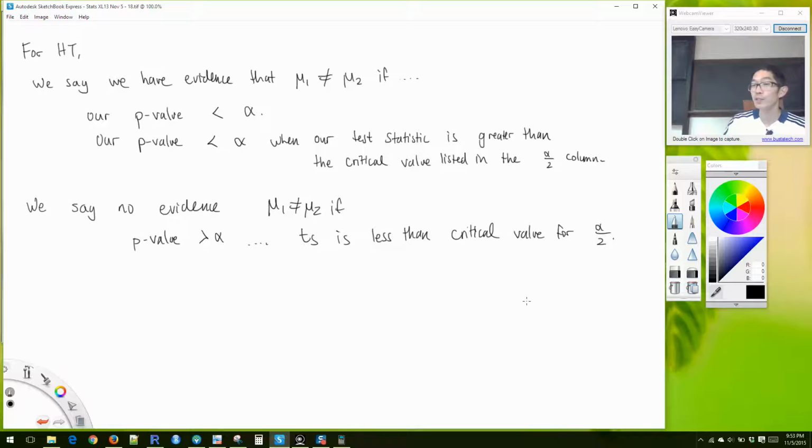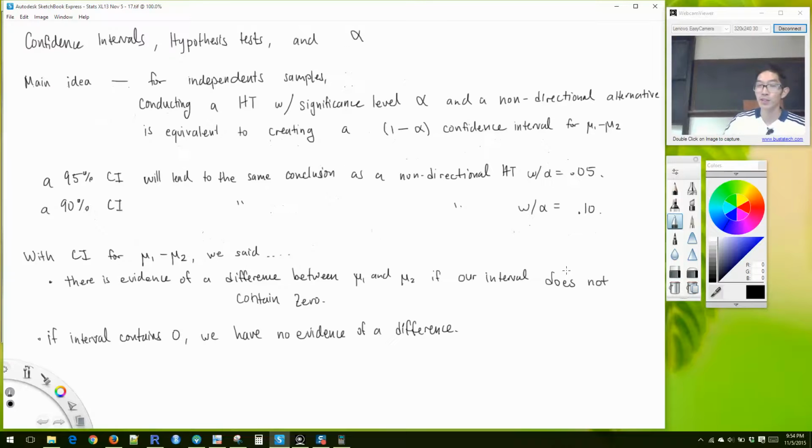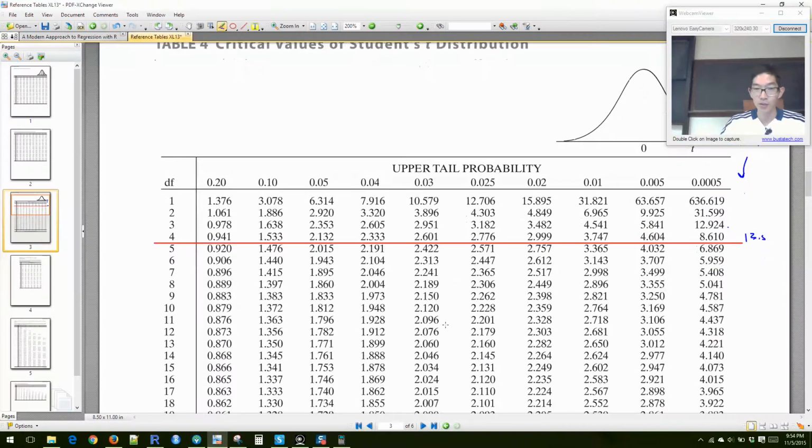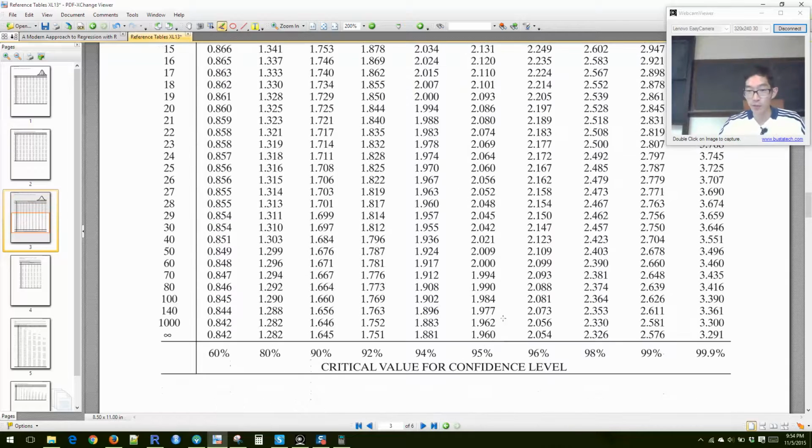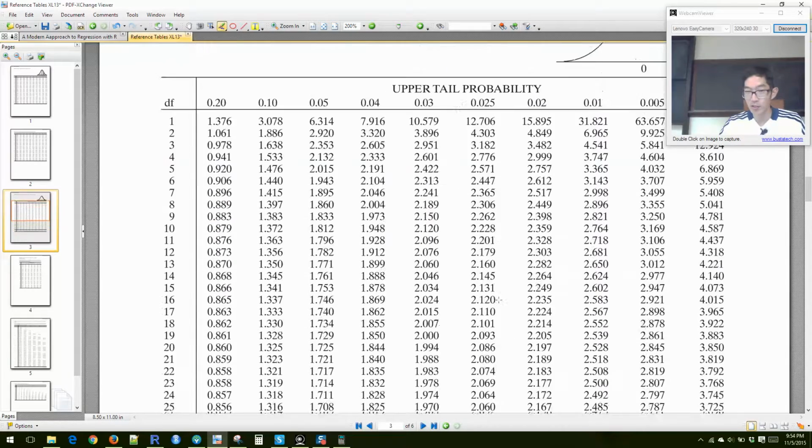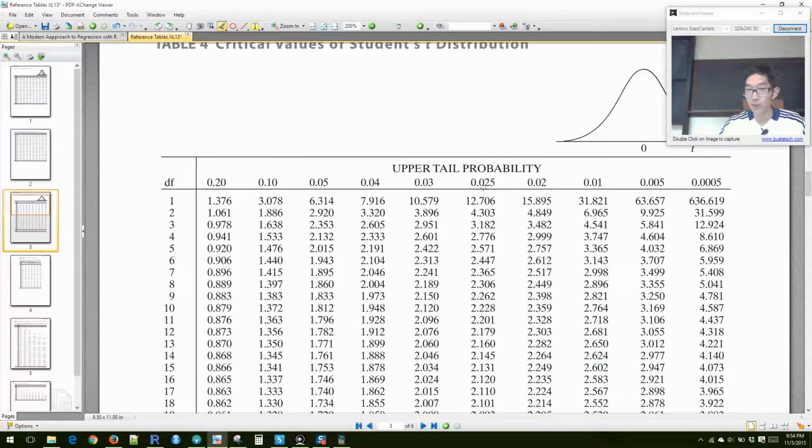The critical values for alpha over 2 are the same critical values that we use in our confidence interval. You can even verify that. If you look at your t-table, the critical values for 95% correspond to the critical values for alpha over 2.